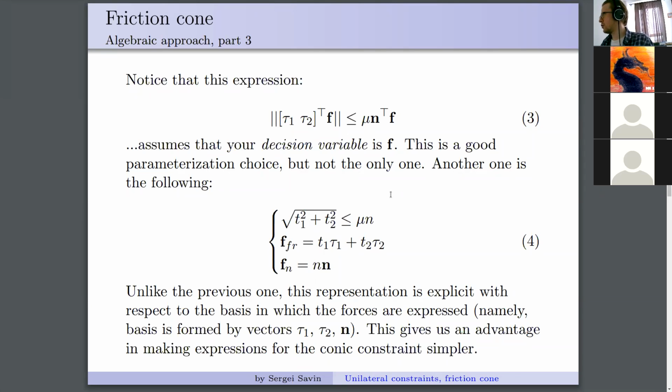Now this expression should be less than or equal to mu times n, where n, a scalar n, not a vector n, is a coefficient that you multiply by unit vector n to get the normal reaction force. That is the third line in this expression. This expression 4. Does it make sense? Do the expressions 4 make sense too?